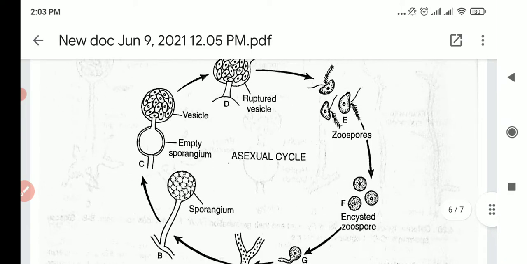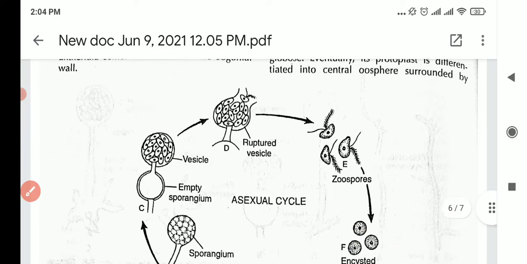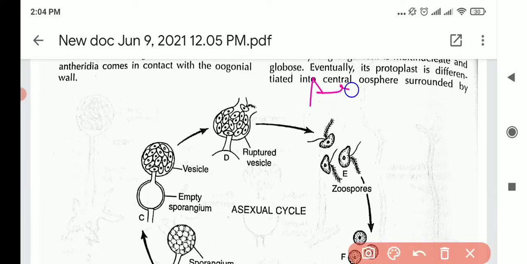Now, suppose they ask you the question: describe the asexual cycle of Pythium species, Pythium debaryanum. What you do is you give the heading asexual reproduction of Pythium, you underline it, then you give point number 1.